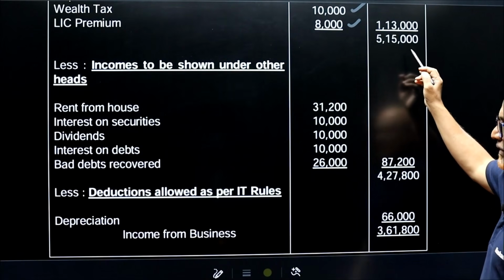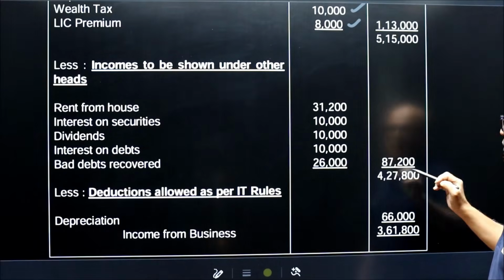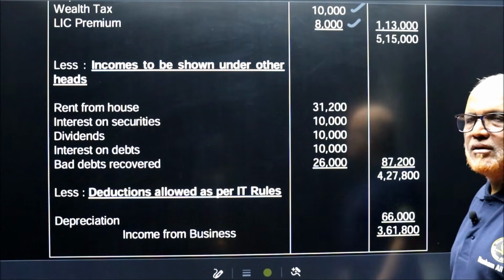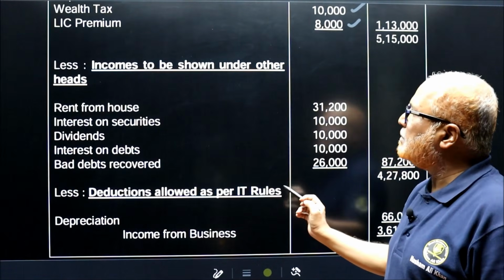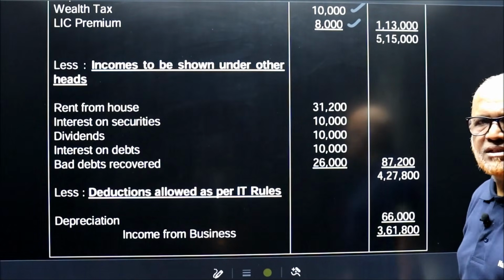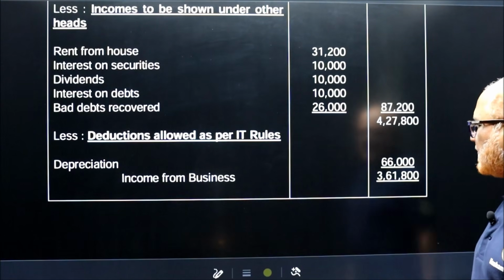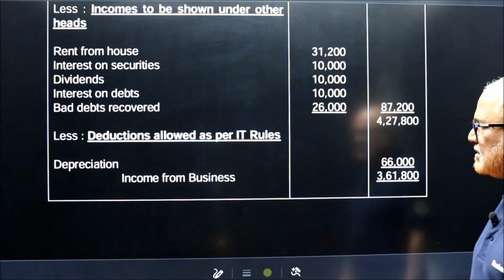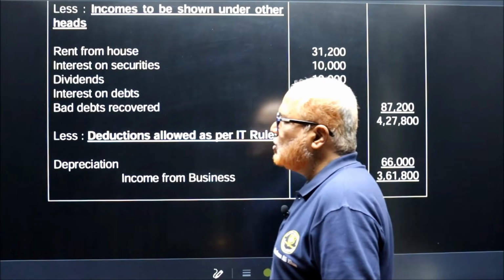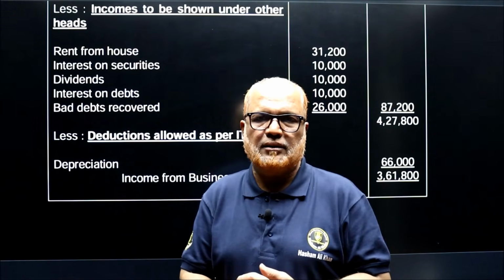So 5,15,000 minus 87,200, 4,27,800. Now deductions allowed as per IT rules. Depreciation, only one item is there, 66,000. Deduct, we will get income from business, 3,61,800. That's all. So two problems I have explained in this video, 11th and 12th.